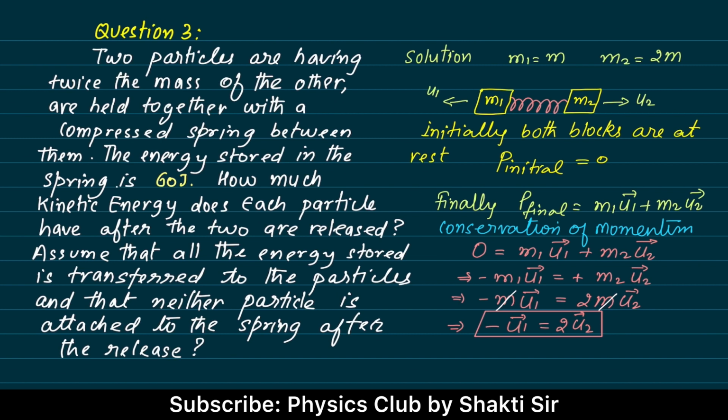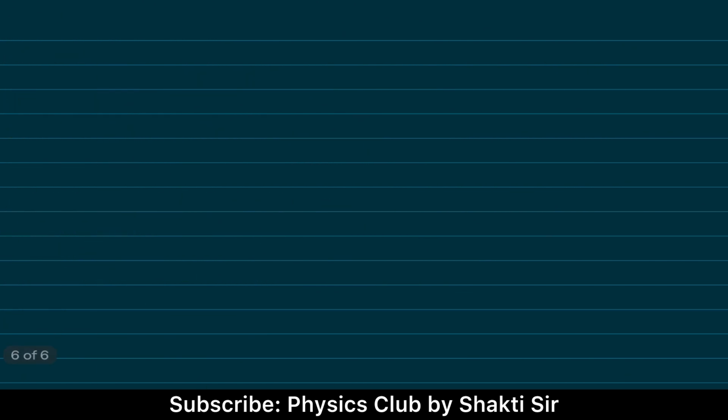You can see the initial mechanical energy is totally stored in the spring as elastic potential energy. This is the initial, and finally both the blocks are moving, so the kinetic energy of both the blocks is equal to the kinetic energy of blocks.